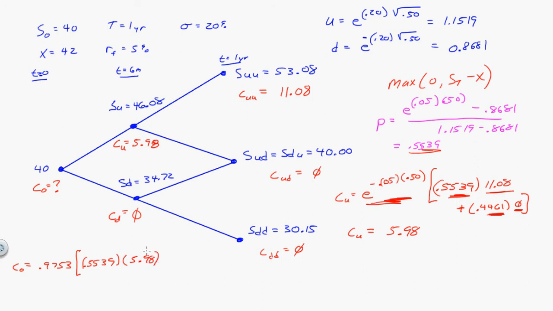Why is the option worth $5.98? Because if the stock goes up, I have this coin flip, heads, tails. Plus, if the stock goes down, I have a 44.61% chance of it going down. It would be worth 0. So in this case, the call option is worth $3.23. So my answer here is 3.23.